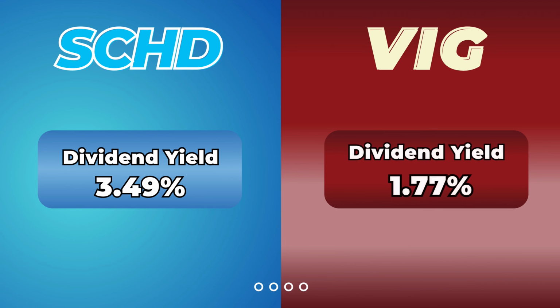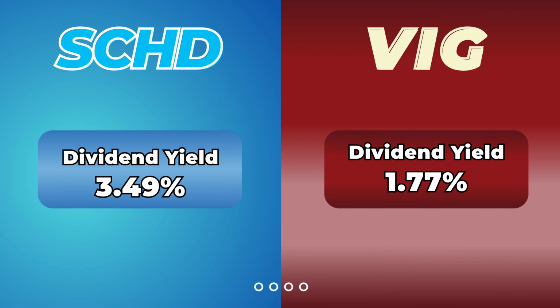While it's lower than SCHD, VIG focuses on companies with a strong history of growing their dividends over time. Even though the initial yield is smaller, this strategy targets long-term dividend growth. This highlights two different approaches. SCHD prioritizes immediate dividend income, while VIG emphasizes growth over time.